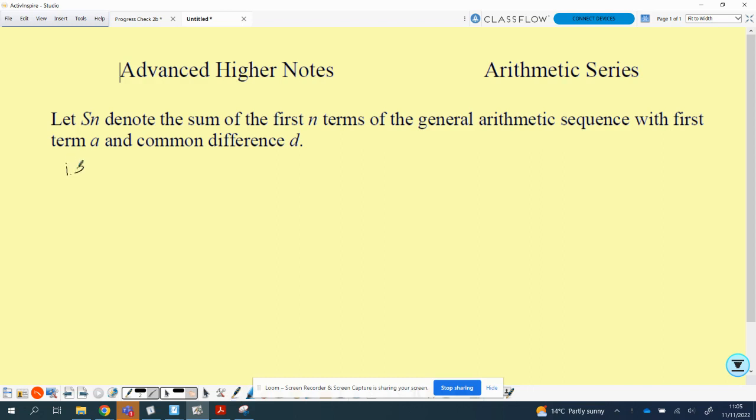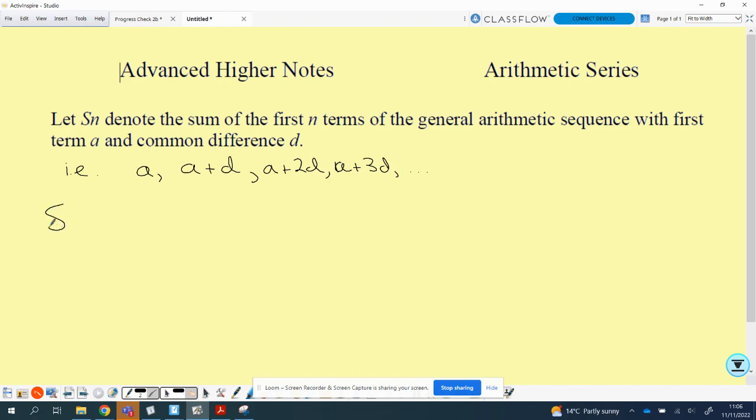So in an arithmetic sequence, we've got the values a, that's our first term. Then we've got our second term, which we get by adding d to our first value, so a plus d. And then we've got a plus 2d, and then a plus 3d, and so on, all the way up to how far we want to take it.